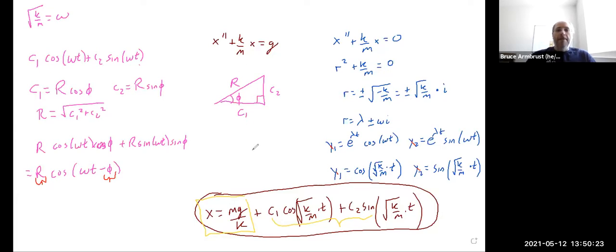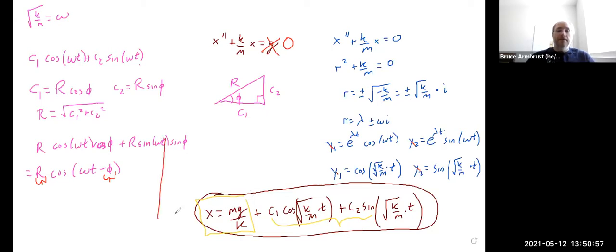All right, now, because this mg over k business doesn't matter, what we'll often do, just because it makes life easier, is we'll just rewrite this equation as x double prime plus k over m times x equals 0. Because think about what's the only difference in the solution to this differential equation.